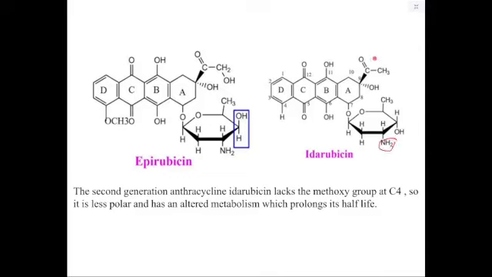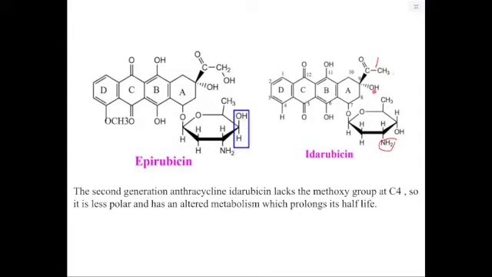If you look at position number 9, it has 2 substituents. It can have the acetyl group, which is this one, and of course a hydroxyl group. This acetyl group, this CH3, can be CH2OH, still with retention of activity.